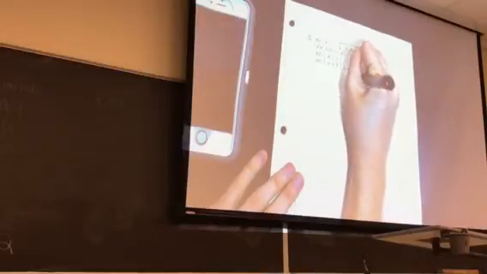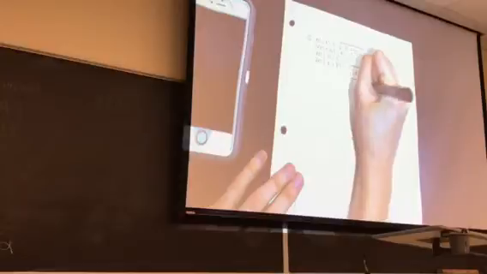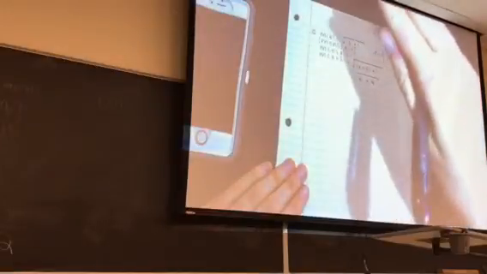Which equals the square root of x plus 4. Any questions?